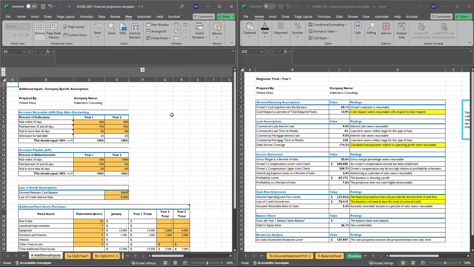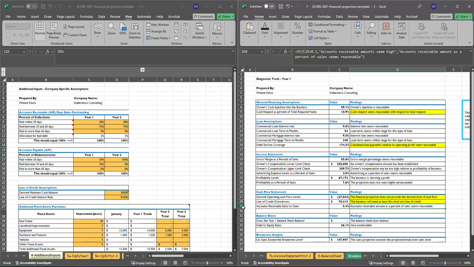Additional inputs. I think it's this. So if this was 100%, if you had AR collections that are net 30, net 60, net 90, you might meet this threshold where more than 30% of your ending AR balance might be more than 30% of overall sales.